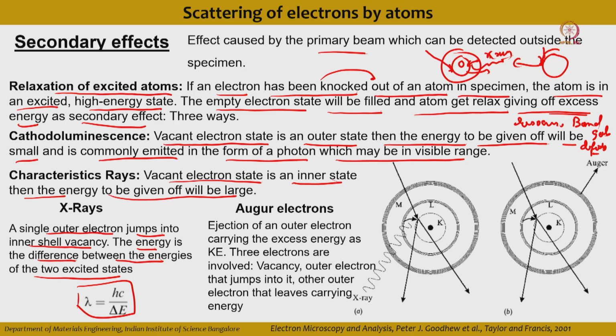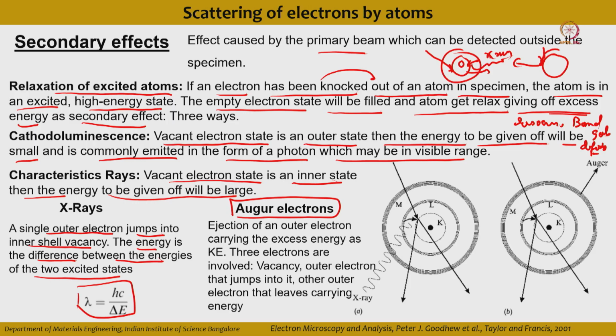Now, there is a second type of relaxation when the inner shell electron is knocked out: the Auger electrons. What are Auger electrons? These are an alternative to X-rays.